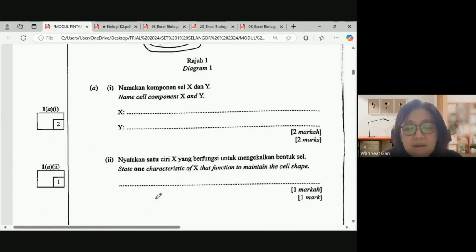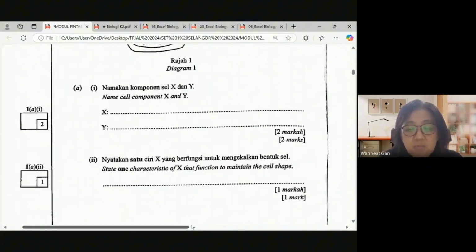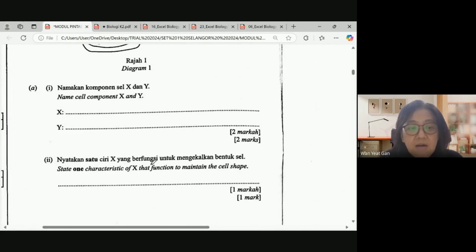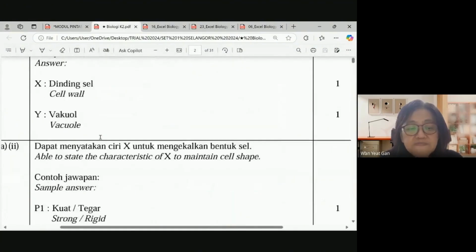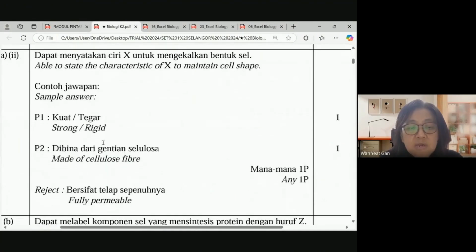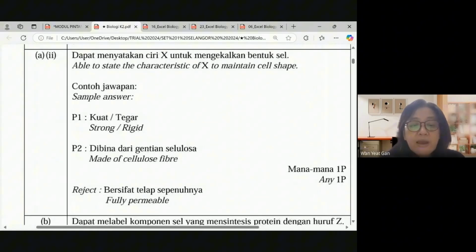Next, one characteristic of X that functions to maintain the cell shape. So just now we said X is the cell wall. Cell wall is rigid, cell wall is strong, and it is made of cellulose fiber.